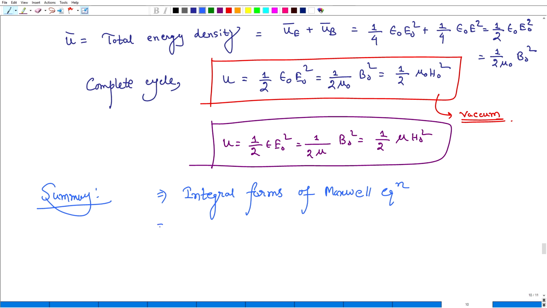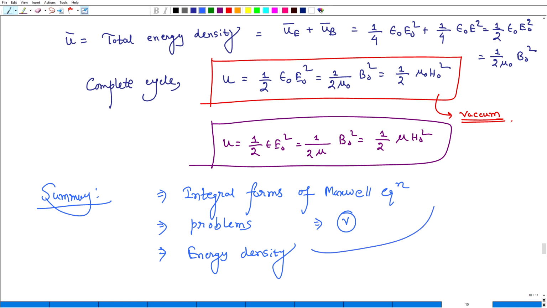Then we solved some important problems. Then we discussed that nu is fixed for any electromagnetic wave, just velocity and the wavelength are changing. And then we discussed the energy density part, this is very important. This is the general form of the energy density.